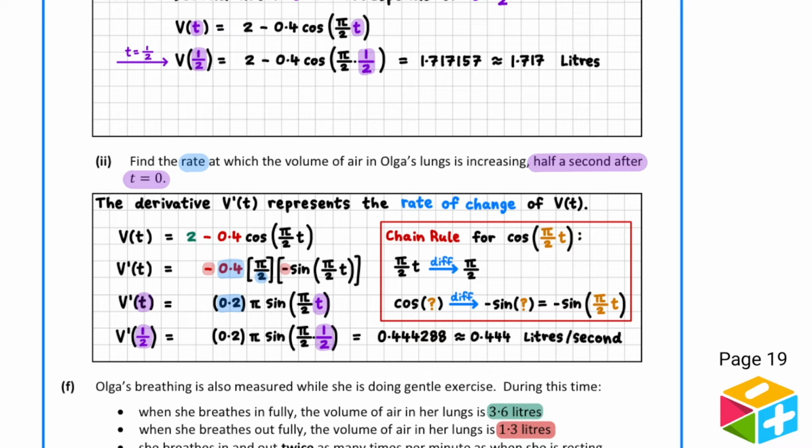Again, ensuring that our calculator is in radians mode, we can perform this computation to get an answer of 0.444288. Rounding to 3 decimal places brings us to our final answer of 0.444 litres per second.